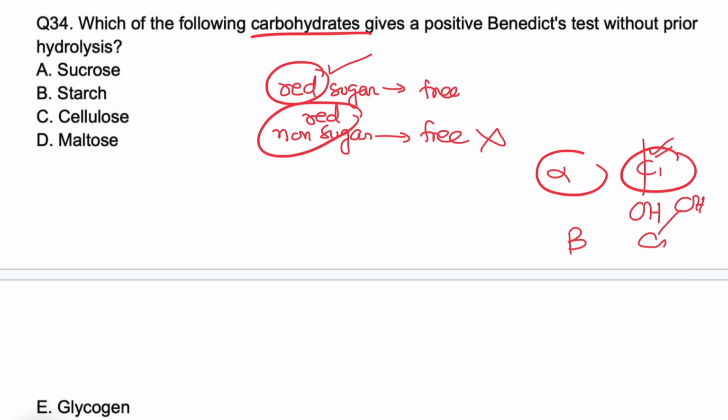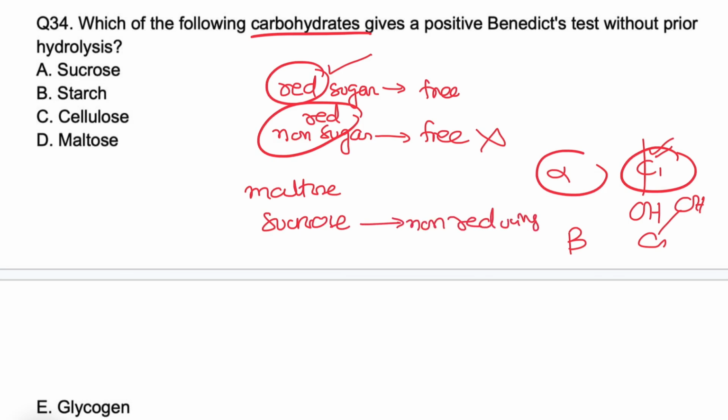But mainly in exams they ask you about disaccharides, which one is a reducing disaccharide and which one is a non-reducing disaccharide. Maltose is a reducing sugar, and I just told you why. In the previous question, I think it was question 32 or 31, I told you why maltose is a reducing sugar. Sucrose is a non-reducing sugar. Why?